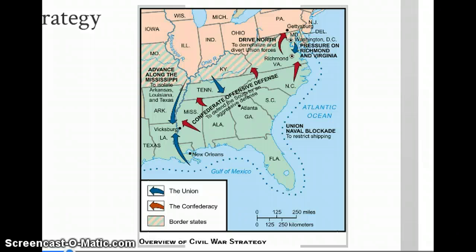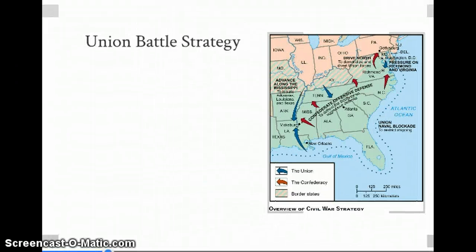This map here shows the battle strategy of both sides. So let's take a moment and look at the Union battle strategy in particular. Here the Union is laid out in pink and the Confederacy in blue.